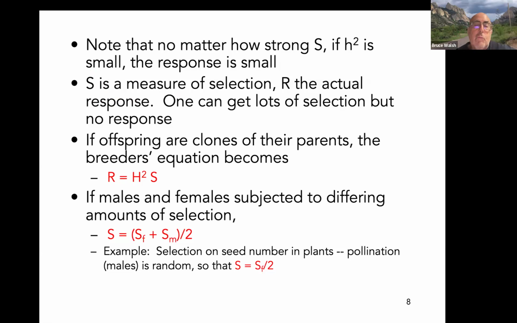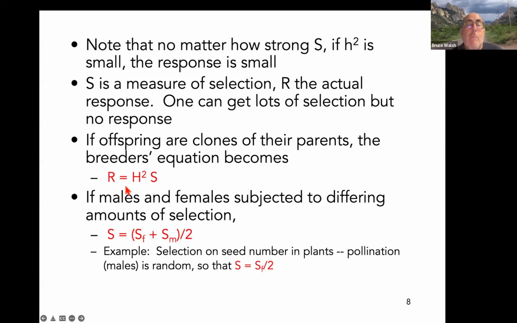Now, this expression of R equals lowercase h squared times S occurs in situations where I take parents and randomly mate those parents. The other scenario in breeding is I have a whole series of lines that I've replicated. Then I simply pick the best lines. Instead of crossing them, I either clone them or inbreed them among themselves.